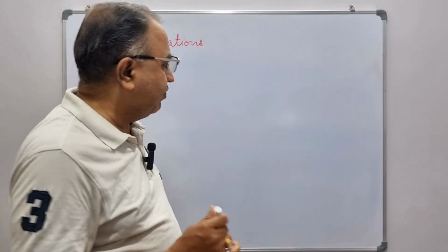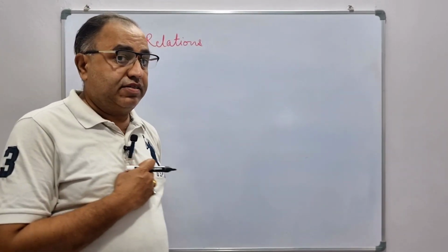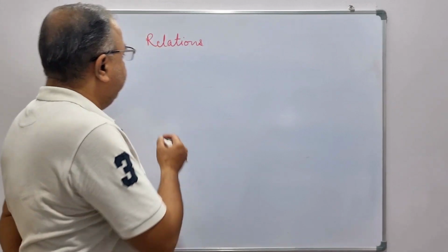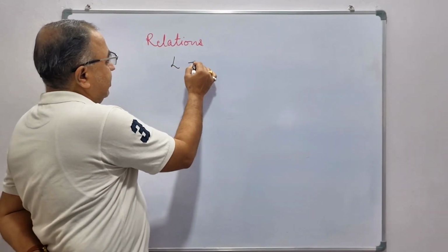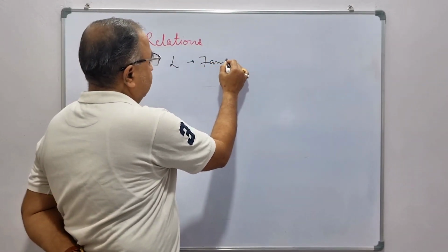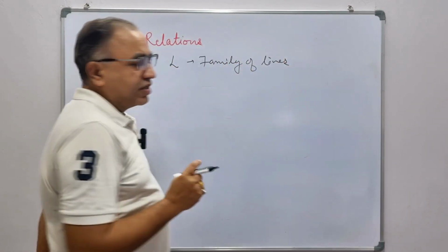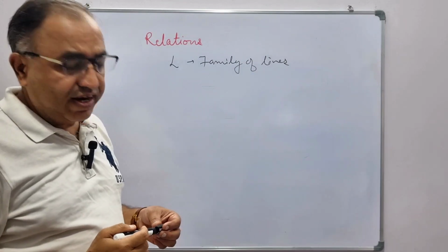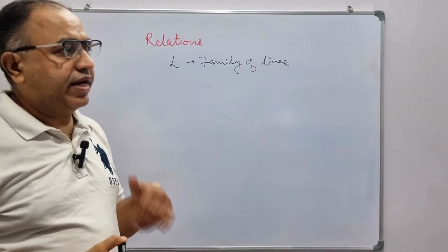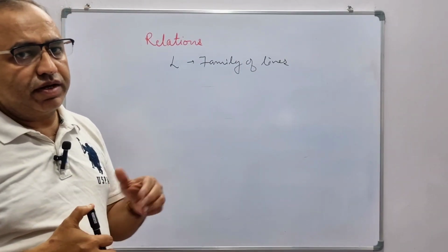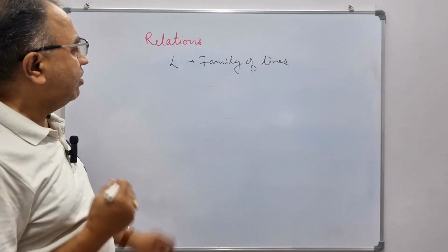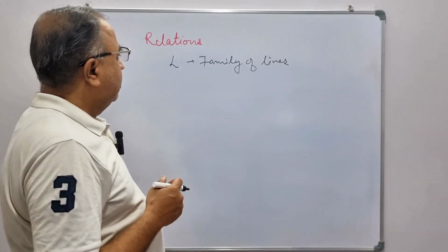Now suppose we are talking about, say, a family of lines. So in a family of lines, L is a capital L representing the family of lines. There will be many relations between the lines, like one line is parallel to another, one line is perpendicular to another, one line coincides with another. So these are all the relations, right?